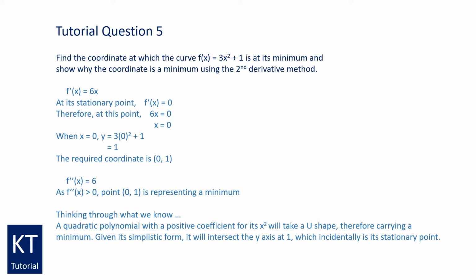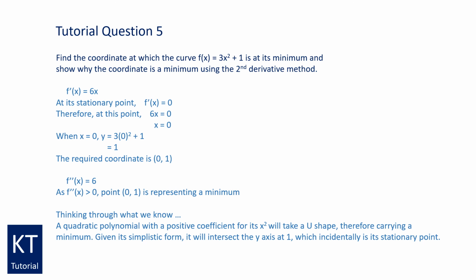We could solve for x being equal to 0 and then work out its y, which will allow us to get to the required coordinate of (0, 1). Next, we'll perform its second derivative, and knowing that this is larger than 0, the coordinate is representing a minimum.